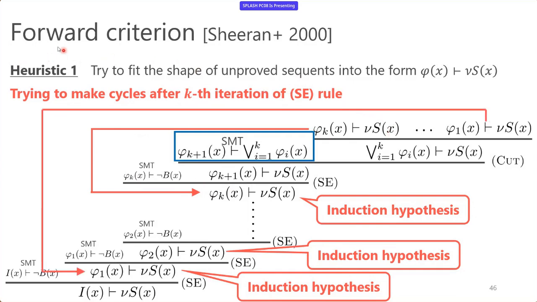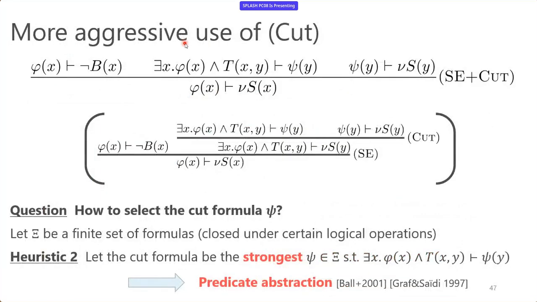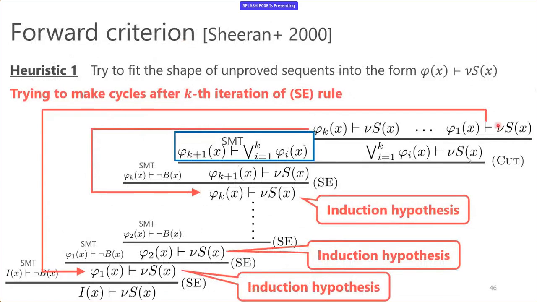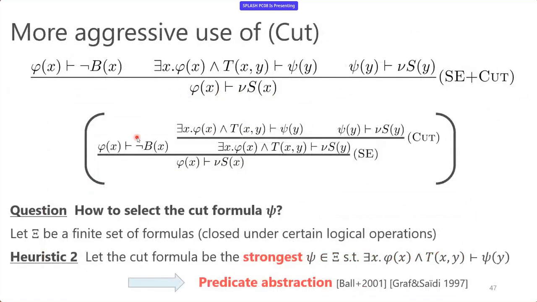This is the so-called forward criterion studied in the bounded model checking community. So we have introduced a cut formula to complete the proof. We can have many other options for cut formulas.